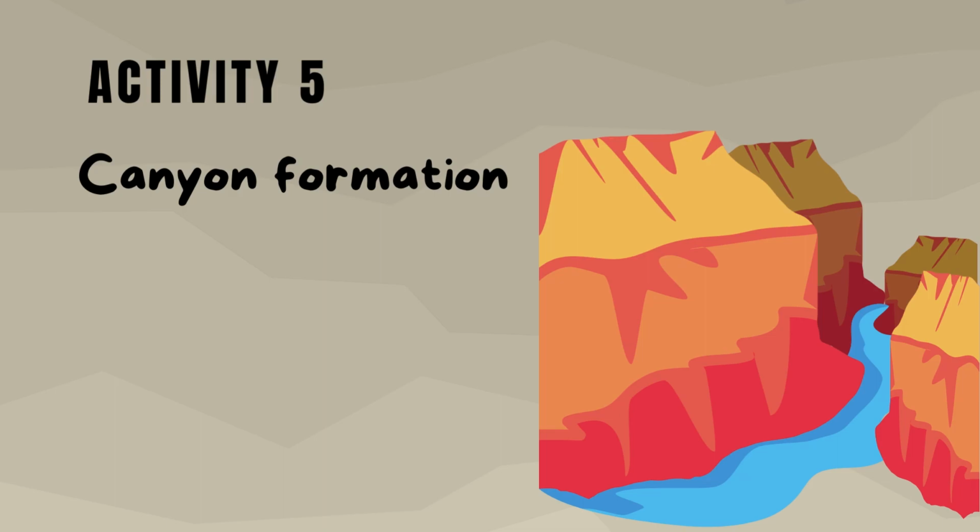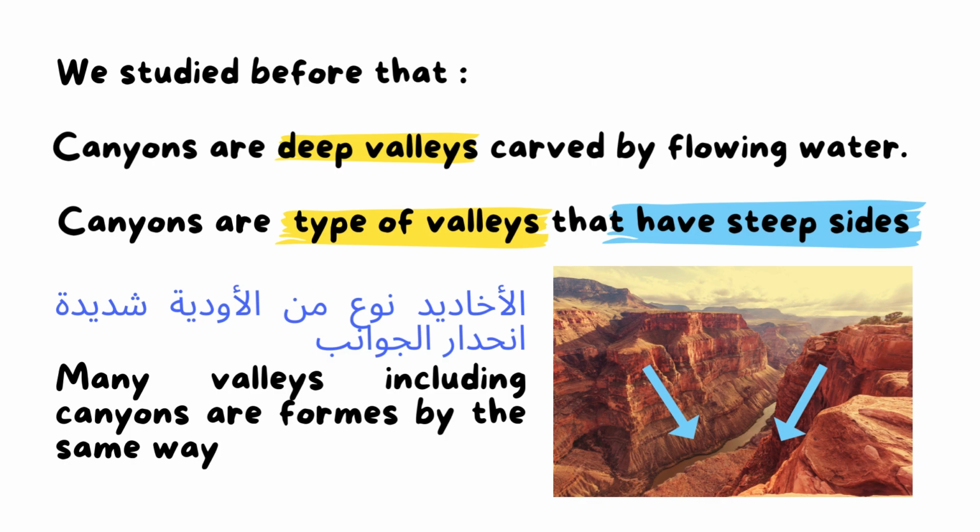We studied before that canyons are deep valleys carved by flowing water, okay? And now we know that canyons are a type of valley that have steep sides, very steep sides, okay? Many valleys, including canyons, are formed the same way, by flowing water.